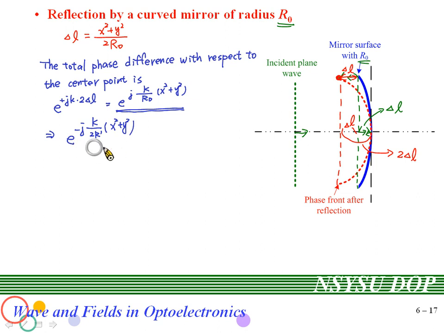And of course, r prime, the phase term here is the original one times the contribution by the curved mirror, that is this term.